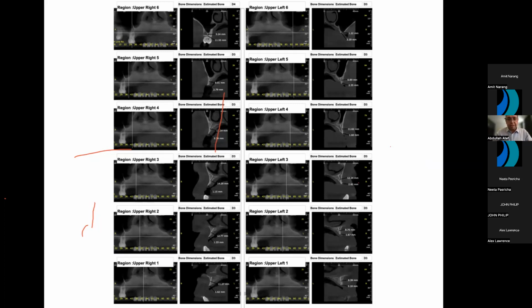We face here severe maxillary atrophy, in the quantity side and the quality side. So look here at the bone width.